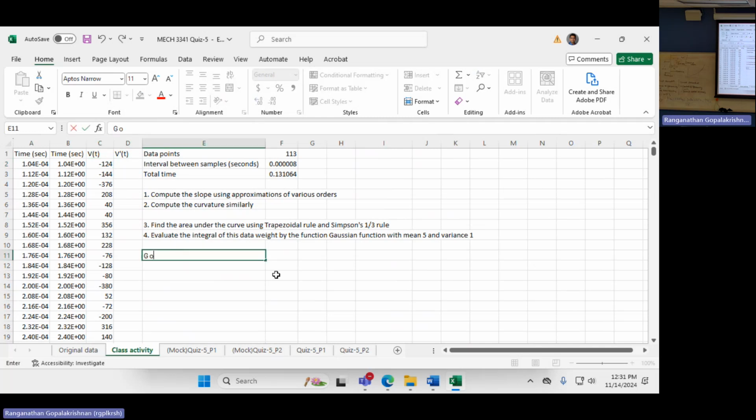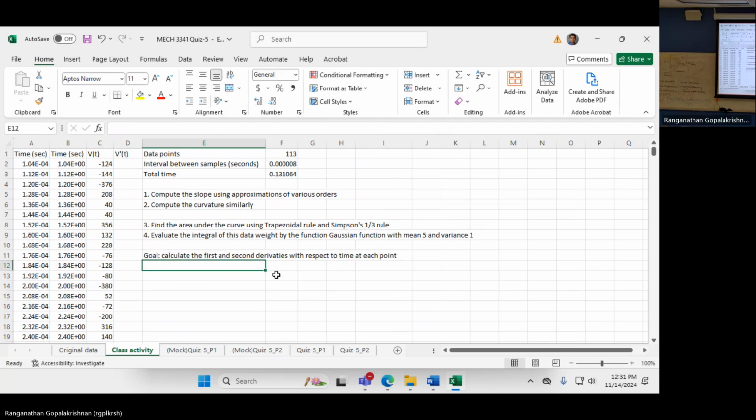So the goal is to calculate the first and second derivatives with respect to time at each point. We won't worry about the first point.